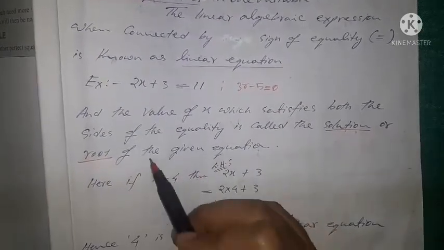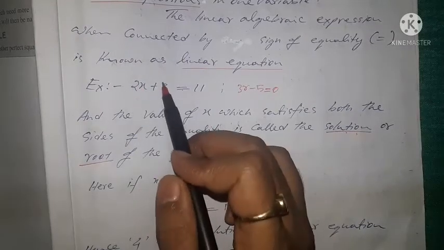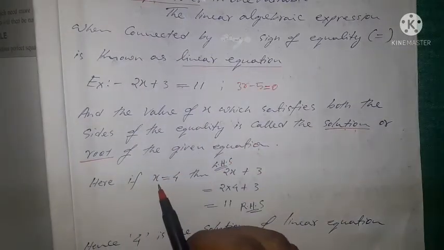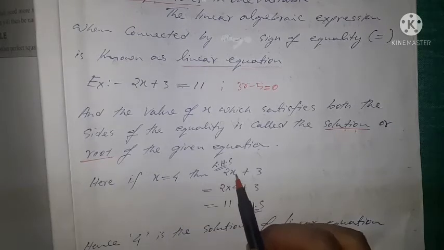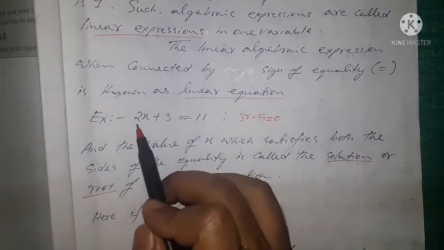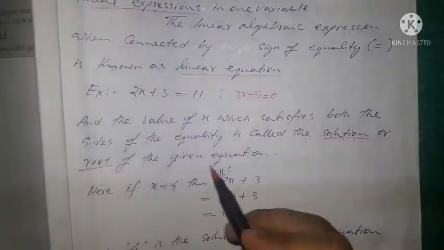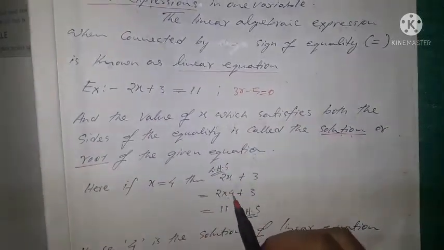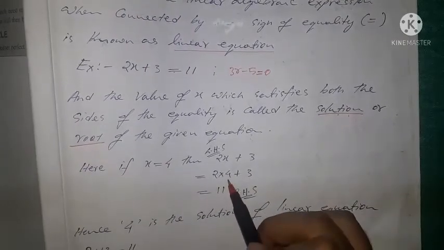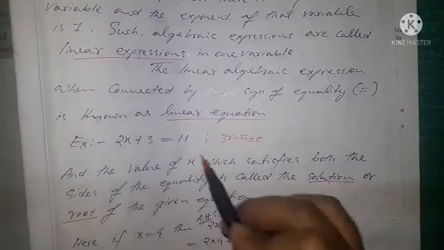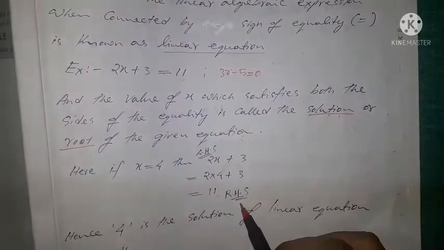For example, here the equation is twice x plus 3 equals 11. If we put x equals 4, then the LHS, the left hand side, that is twice x plus 3, becomes 2 into 4 plus 3, that is 8 plus 3, which equals 11. That is the right hand side. So LHS equals RHS.